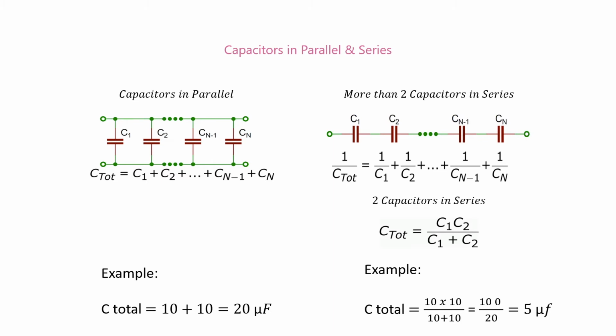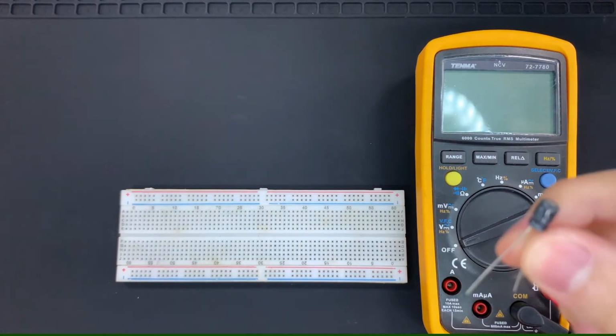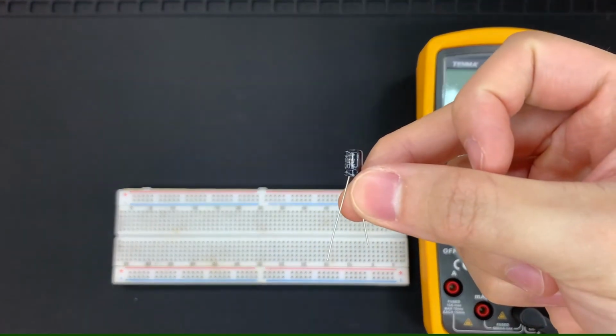Connecting capacitors in parallel will result in an increase in total capacitance, whereas connecting capacitors in series will reduce the total capacitance. To measure capacitance, let's first connect the capacitors in series. Take note of the polarity of the capacitors.